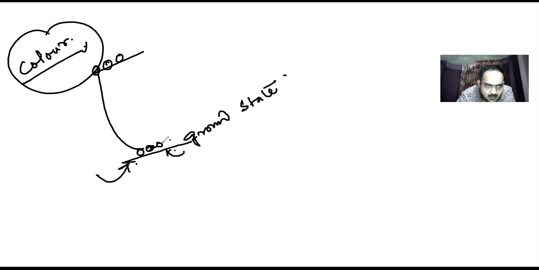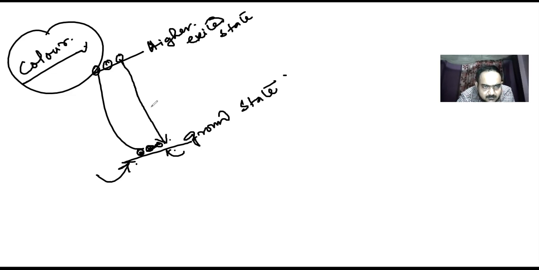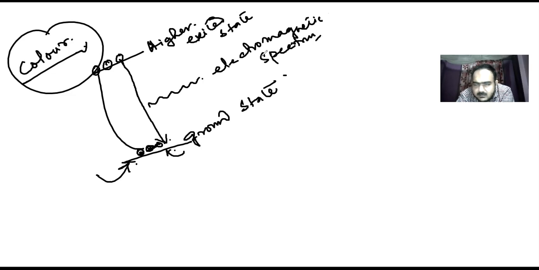As they have gone to the higher excited state, they are not stable there. They come back to the original position by releasing the energy in the form of an electromagnetic spectrum. The color that was absorbed, the complementary color will be seen according to the theory.